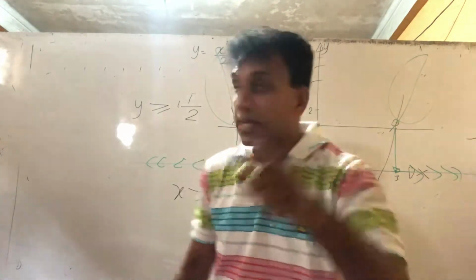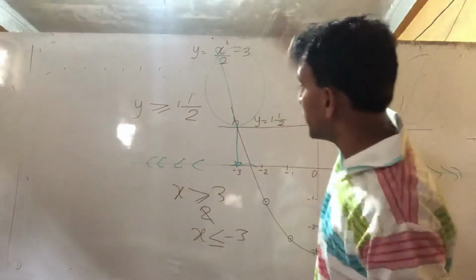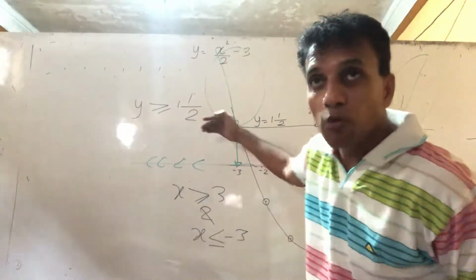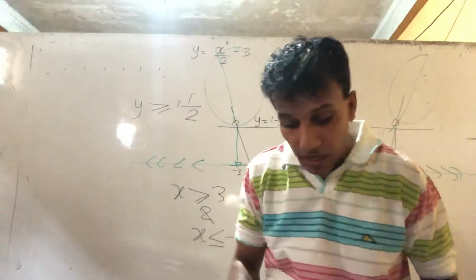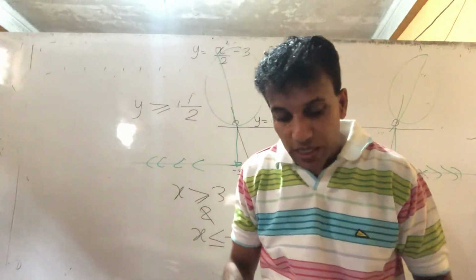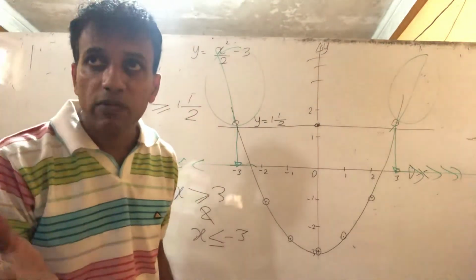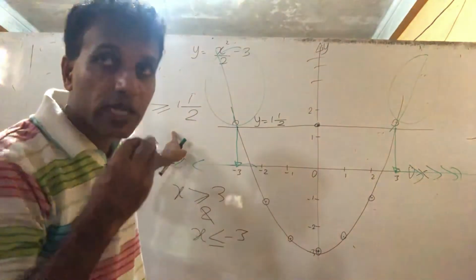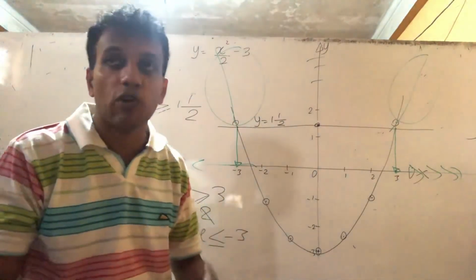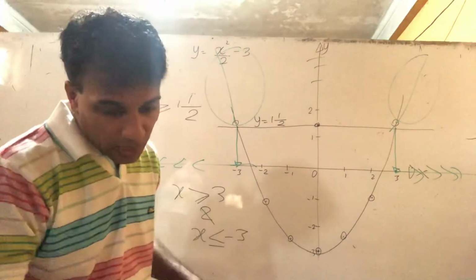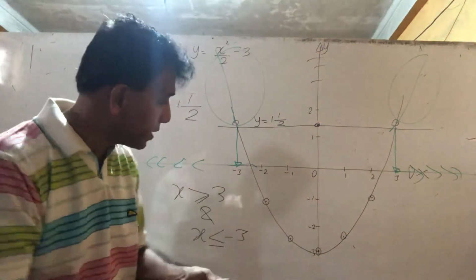So what they asked earlier: when the function is more than 1.5, what is the x interval? Now here they ask when the function is less than minus 1. Earlier they said it in equation terms, here in word form. Where y is less than minus 1. Mark your diagram.